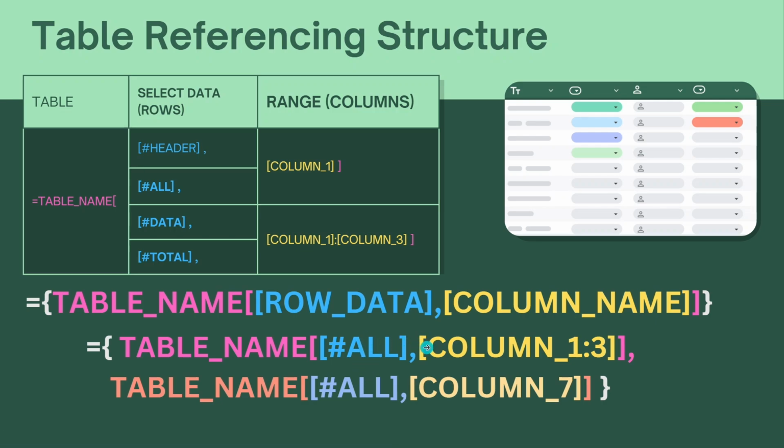Then the first one will be column 1 through 3, then separated by that comma, that's going to actually activate with this, and I probably should have put it white instead to match it, but that's okay. Just pretend I did. And then this will be the next range in this array, which would then, again, be column 7.